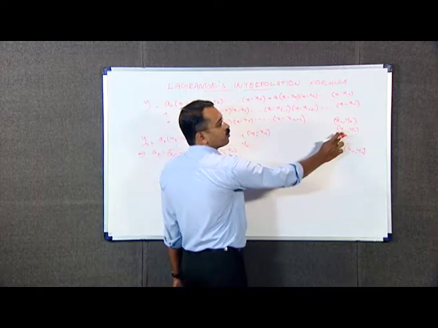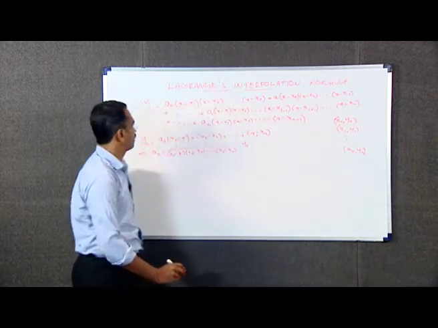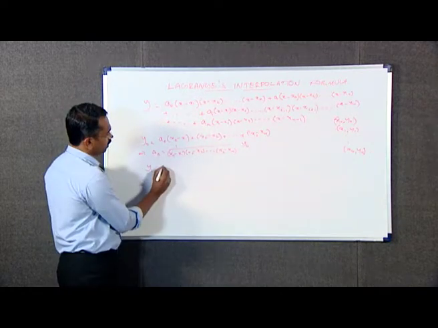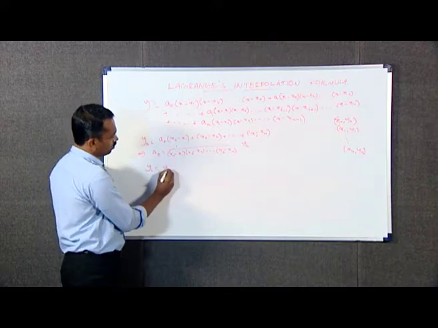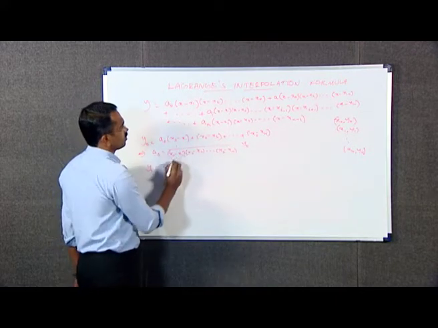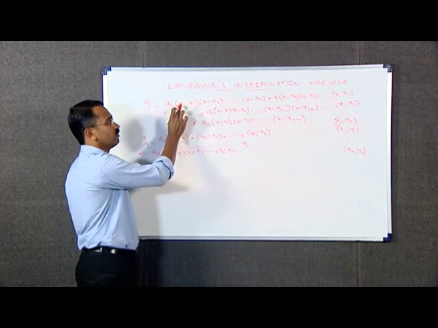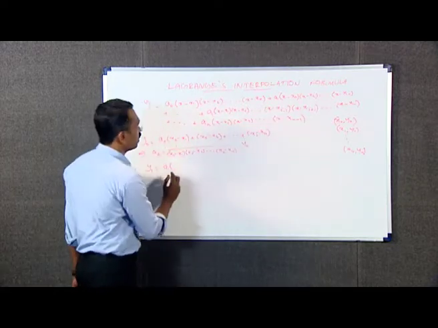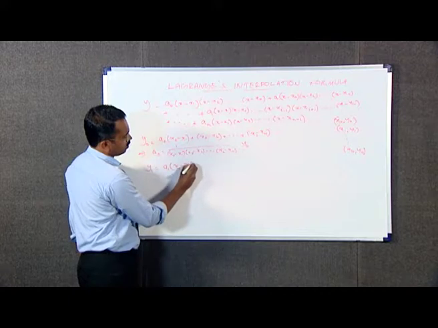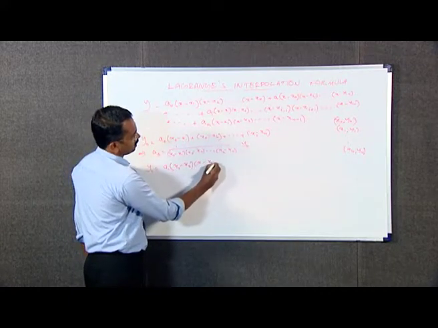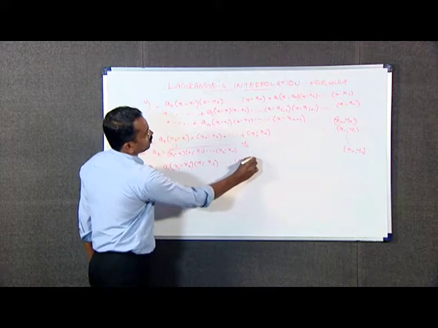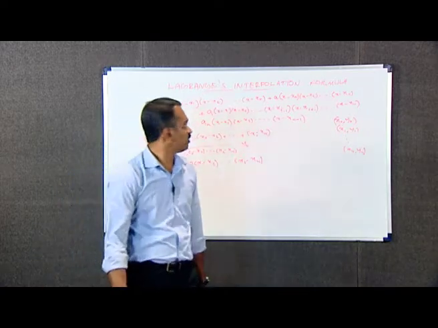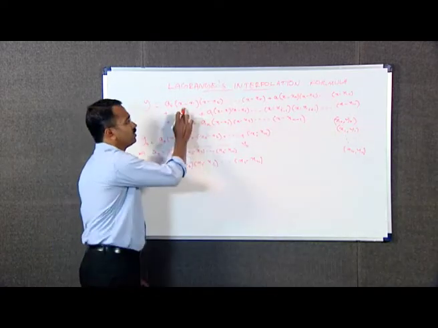Now, we substitute (x1, y1). The equation becomes y1 is equal to a0 into the first term, which will become 0, because if we put x equal to x1 here, this will become 0. Second term is a1 into (x1 minus x0)(x1 minus x2) etc. (x1 minus xn), and the other terms will become 0, because all the other terms contain the factor x minus x1.